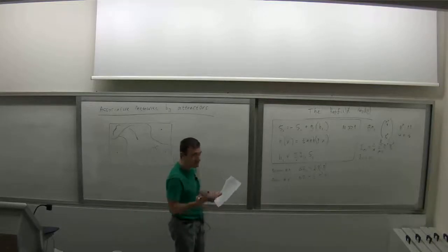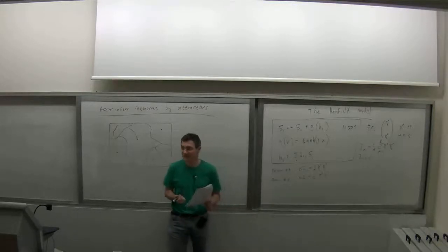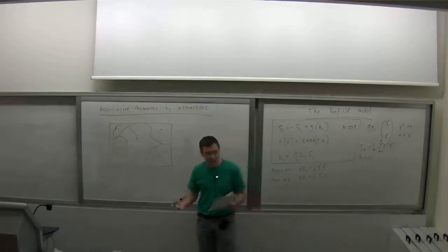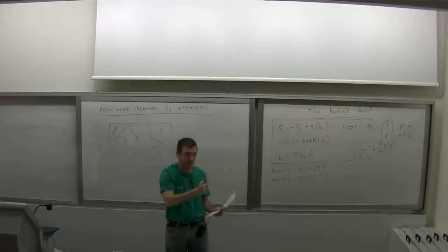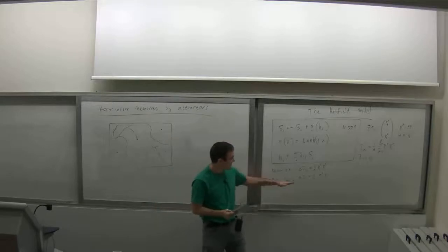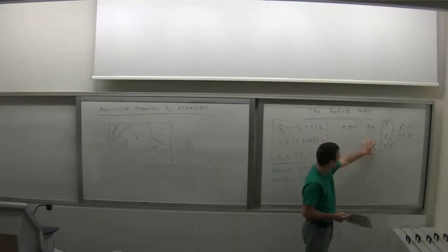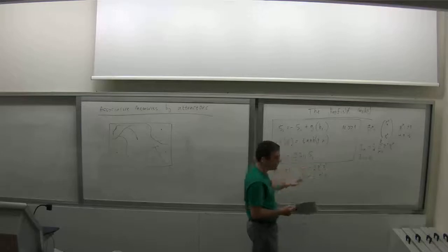Now the question: is it biological? I would like to argue that it is biological in some sense. It is biological in the sense that, first, when we learn things, we learn them in a sequential way. So I learn this, then I learn this, then I learn this. I don't do it all at once. And this is something that is achieved using this algorithm. So in other words, the resultant connectivity matrix can be understood as resulting from sequential learning.